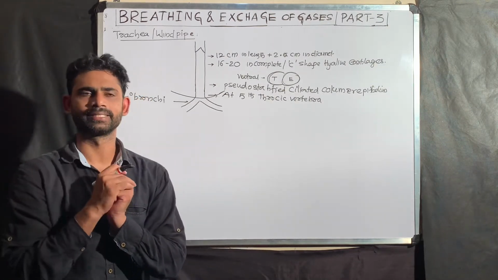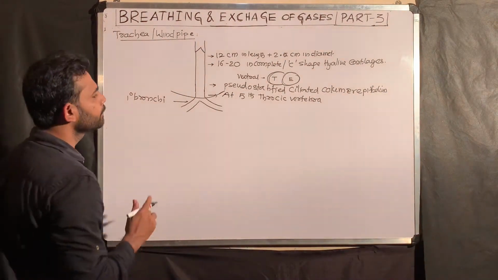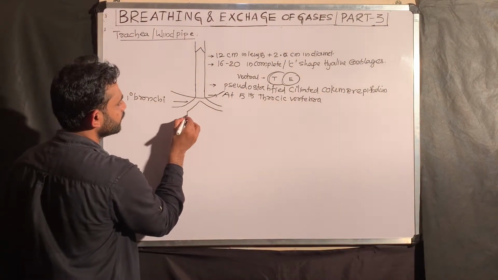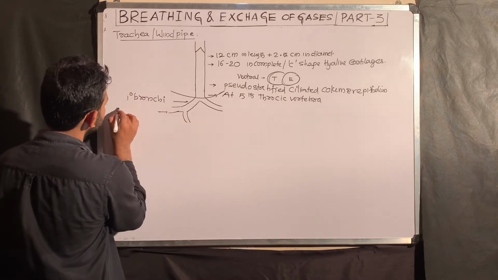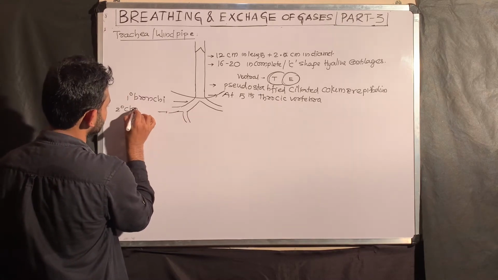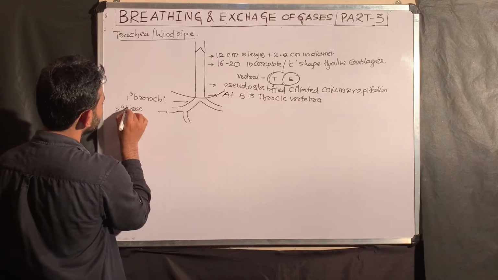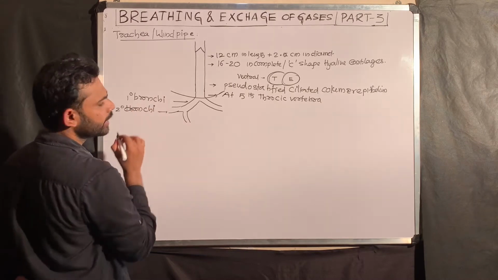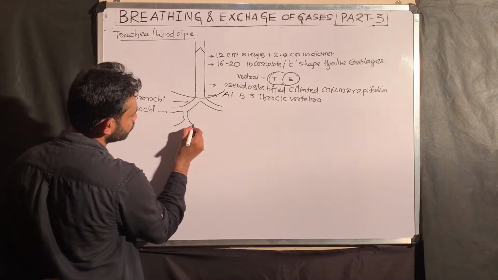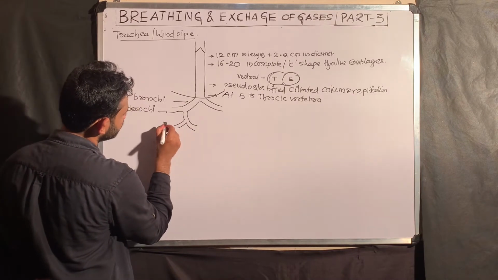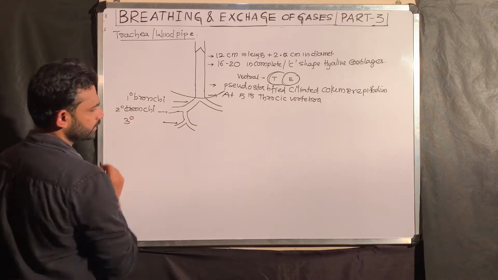Going inside, the primary bronchus divides into secondary bronchi. The secondary bronchi divide like this into tertiary bronchi.